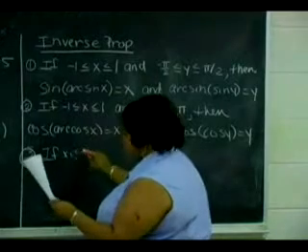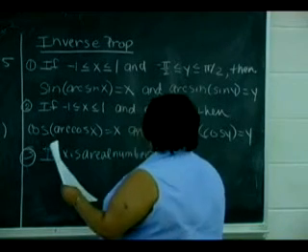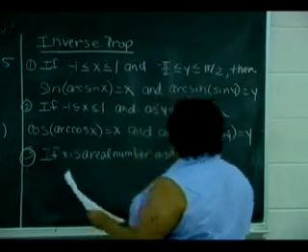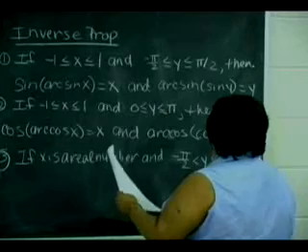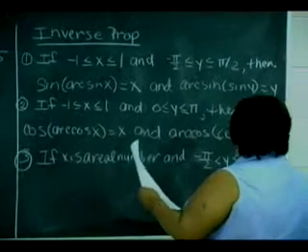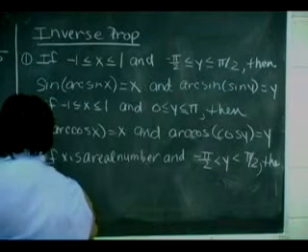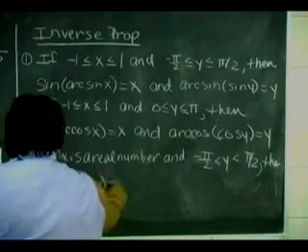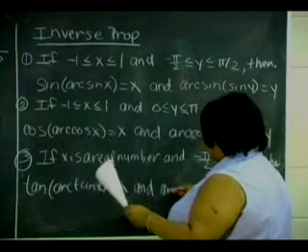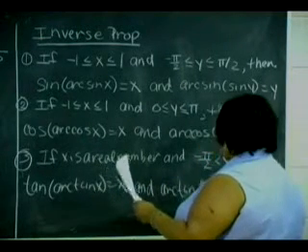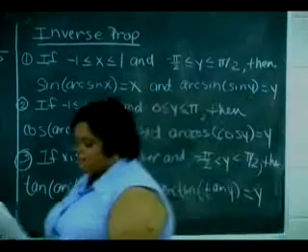If x is a real number and y is between -pi/2 and pi/2, then tangent of arctangent x equals x, and arc tangent of tangent y equals y.